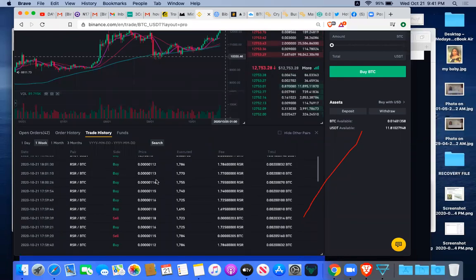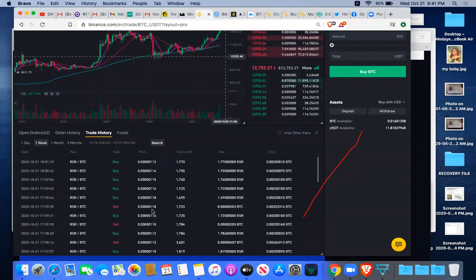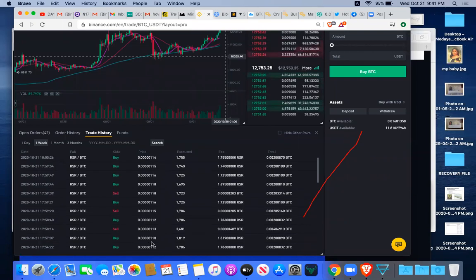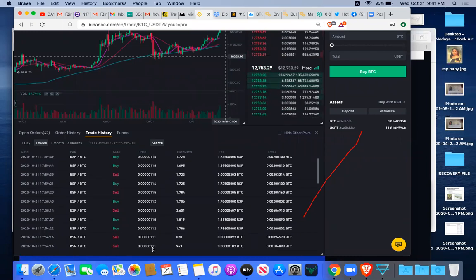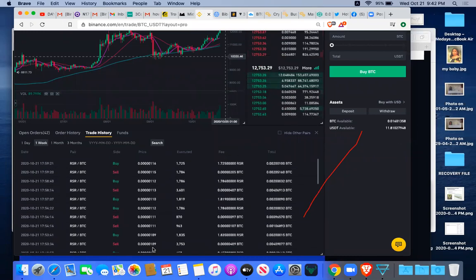Here it sold at 118, bought at 116, and bought some older ones at 112, 113, 110. There was some 99, in that order. Today it's even still running, and you can see it bought some at 109.